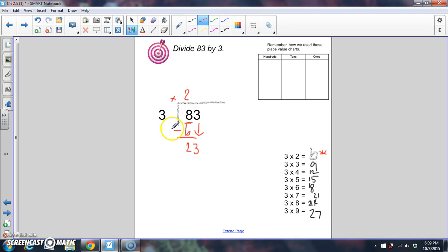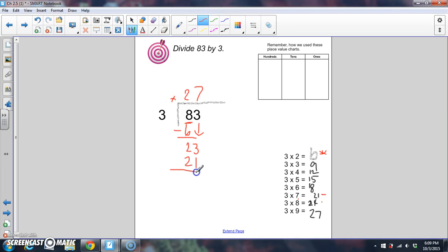So now I'm curious to see how many times 3 can be multiplied into 23. Looking over here, I see 21 and 24. Unfortunately, 24 is too large, so we'll have to use this number, which is 7. 7 times 3 is 21.